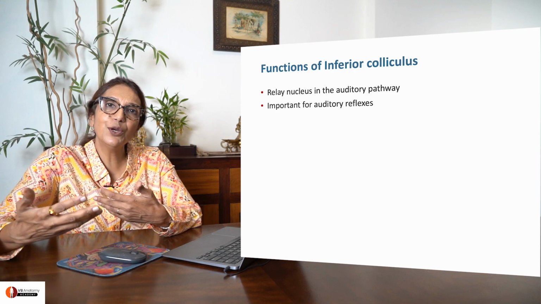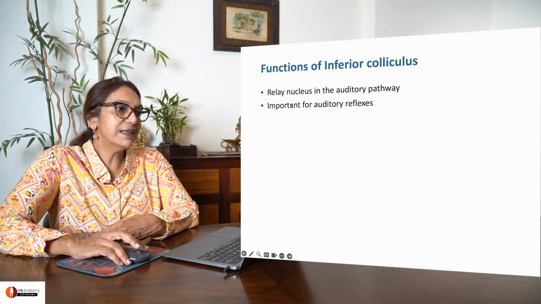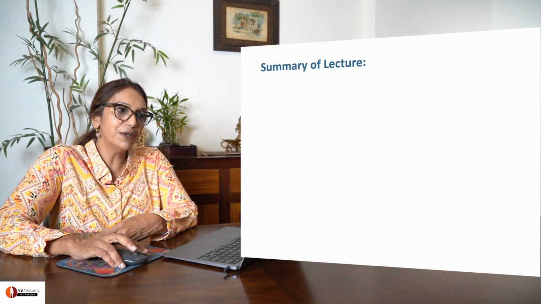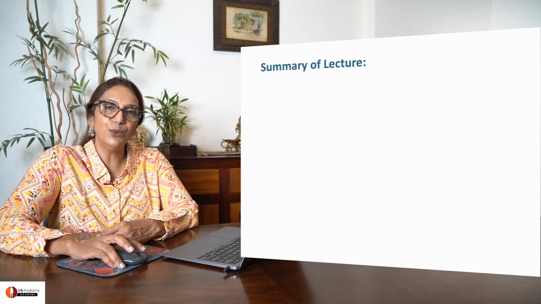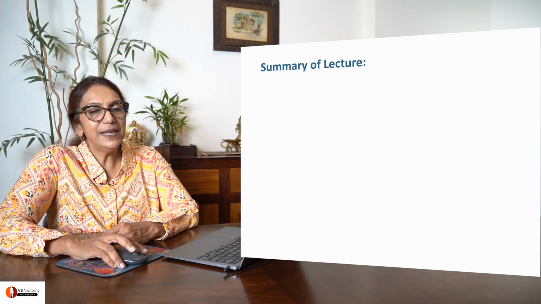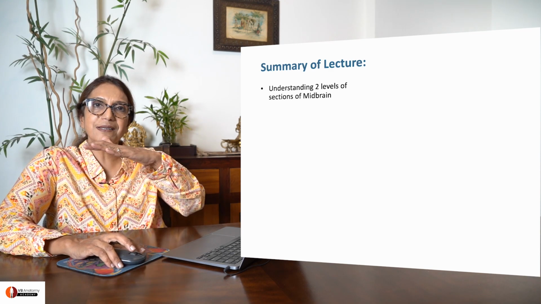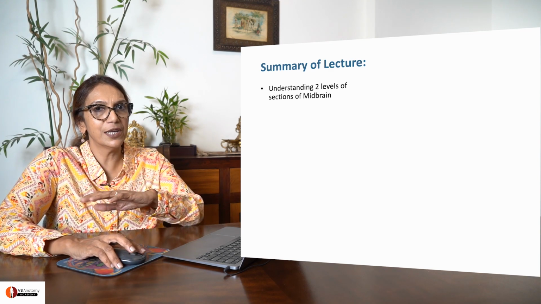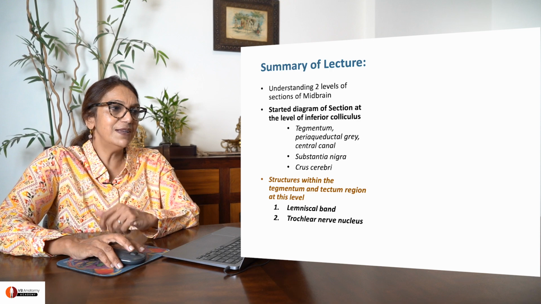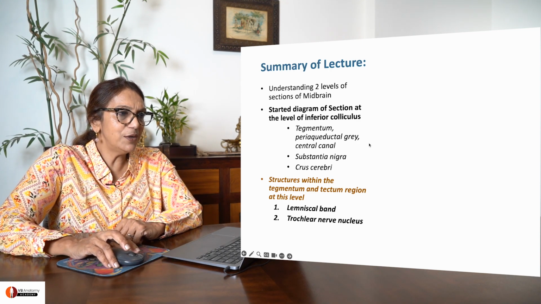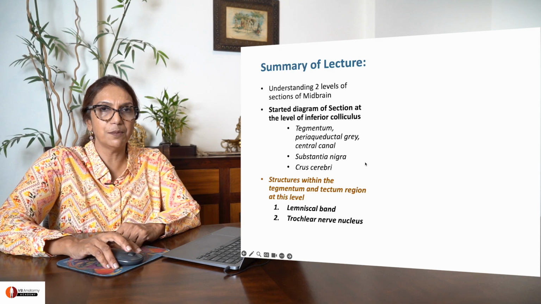So what does inferior colliculus do? It's a relay nucleus in the auditory pathway, of course. It's important for auditory reflexes, like I explained earlier. So what did we learn today? We understood that midbrain has to be sectioned at two levels, inferior colliculus and superior colliculus. We started a diagram at the level of inferior colliculus, drawing substantia nigra and crus cerebri.